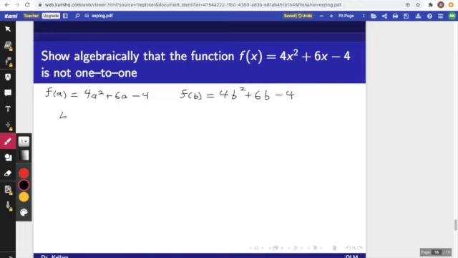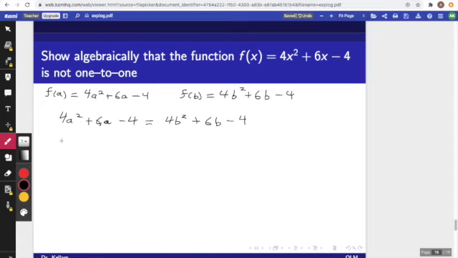So 4a squared plus 6a minus 4 must equal 4b squared plus 6b minus 4. And at this point, we get everything to one side of our equation.